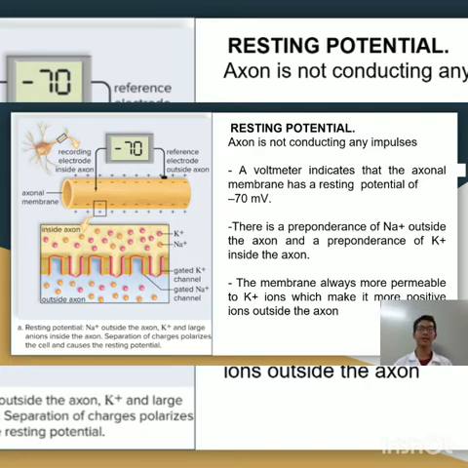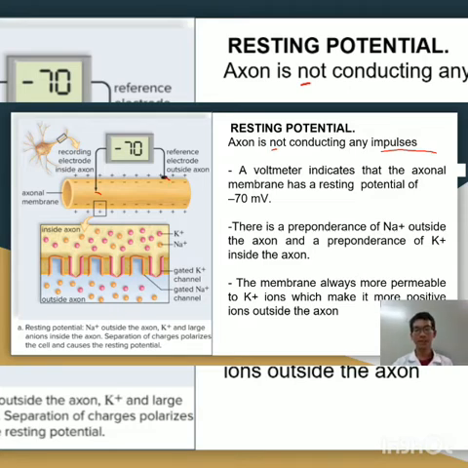Let's get started. On this topic, we are going to learn a few terms in the action potential. First, we have to know the resting potential. Resting potential is when the axon is not conducting any impulse. When there are no impulses, the voltmeter shows negative 70 millivolts. These two wires indicate one inside the axon and one outside the axon.